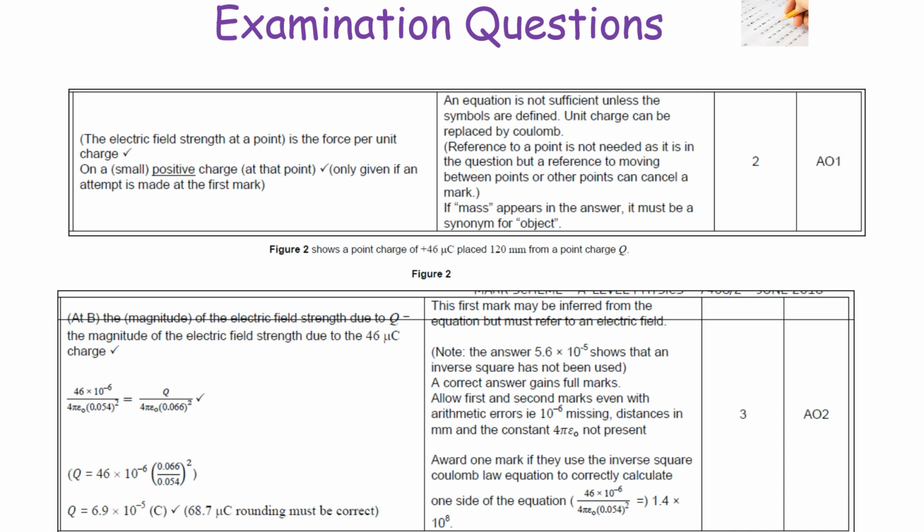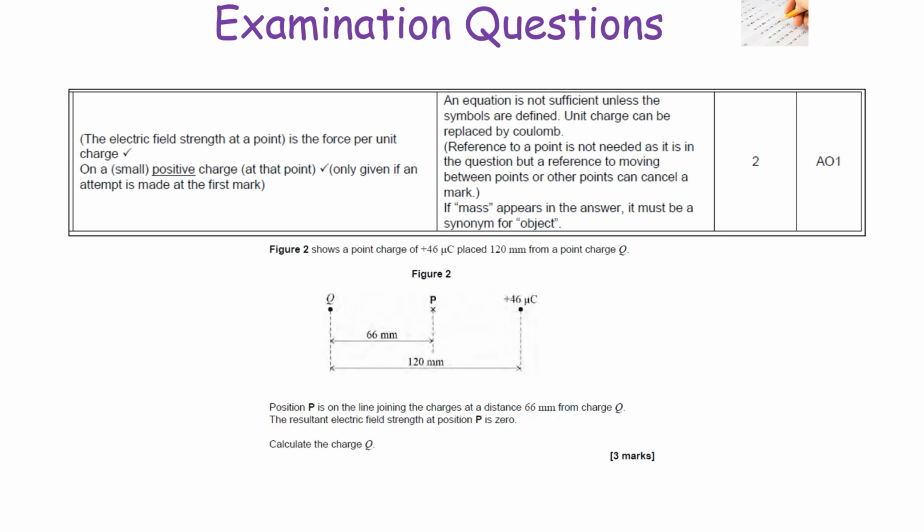So you can say 46 times 10 to the minus 6 over 4 pi epsilon 0 times 0.054 squared, which is the distance from that charge on the right hand side to P, is equal to Q over 4 pi epsilon 0 times 0.066 squared, because again that's the distance from the charge on the left hand side to P. You can then rearrange it, make Q the subject, and you get Q to be 6.9 times 10 to the minus 5, or 68.7 microcoulombs.